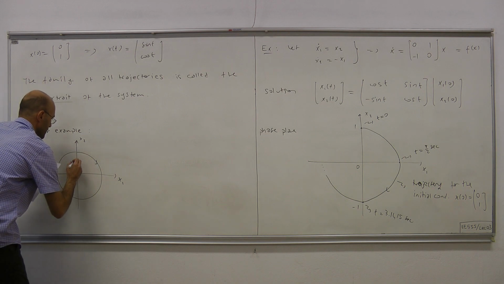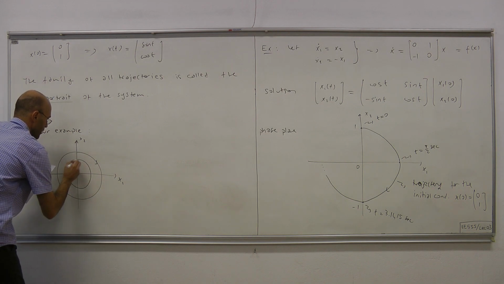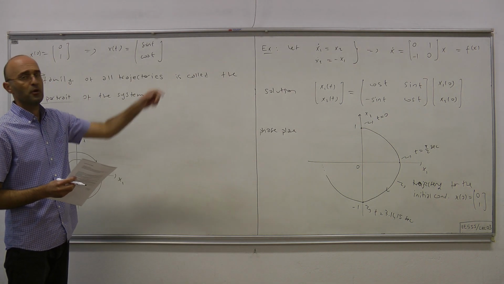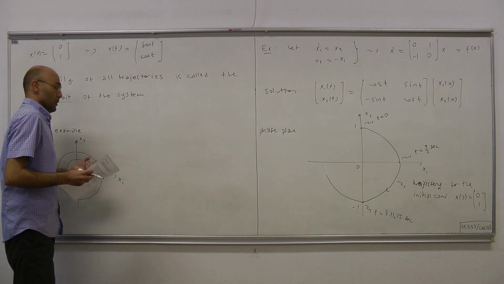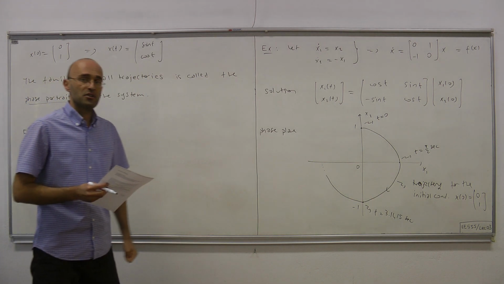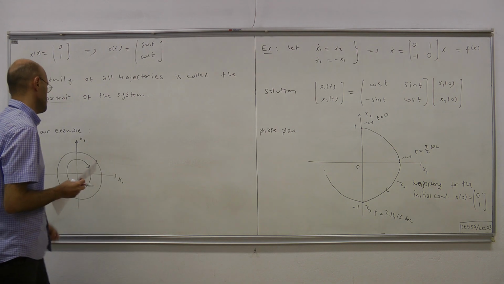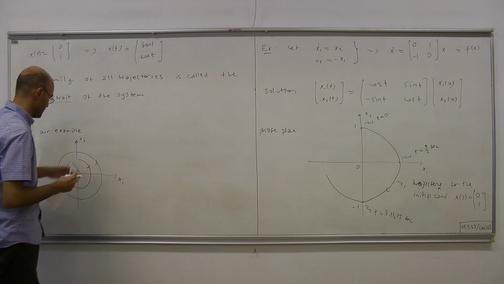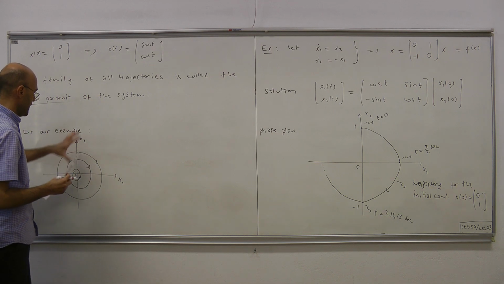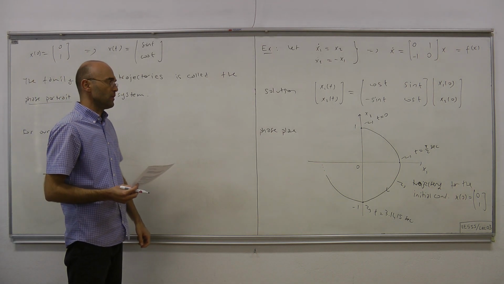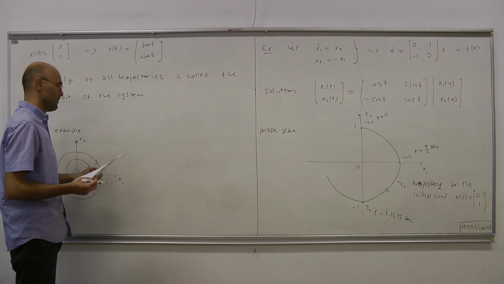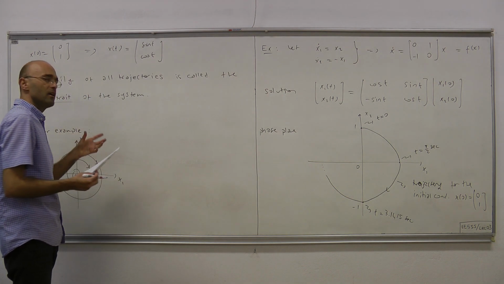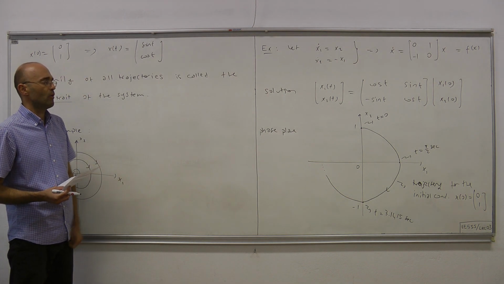And if you start from another initial condition, it will again be a circle, because it's a linear system. You can scale the solutions, and that's still a solution. That's one nice thing about linear systems. You can scale further. That's also another tiny circle. That's also a solution. And all those concentric circles, each of them make a possible trajectory for the system. And this whole picture together is called the phase portrait of the system.